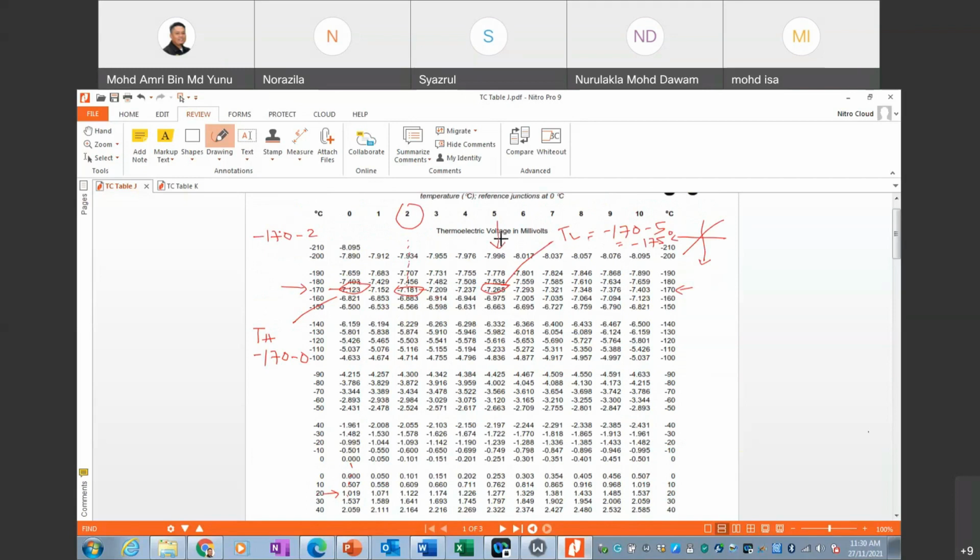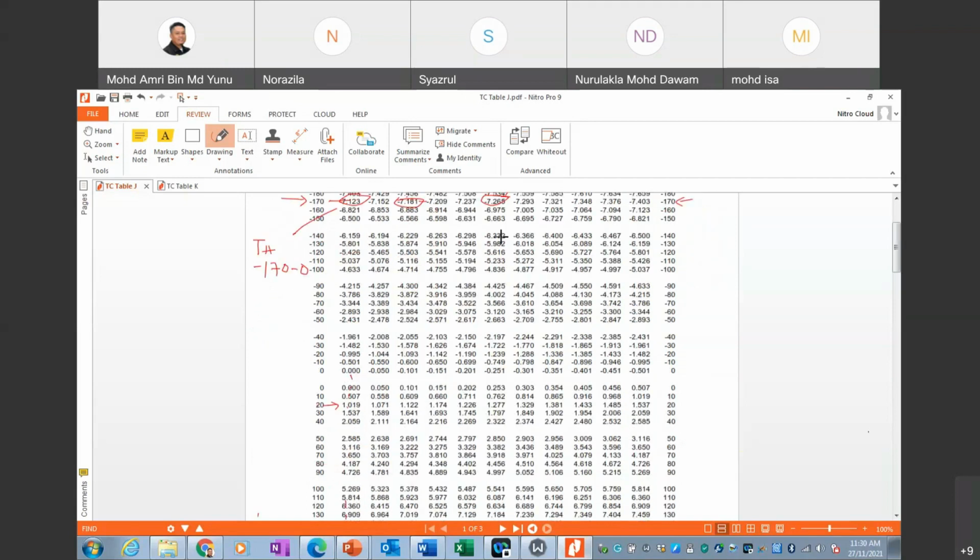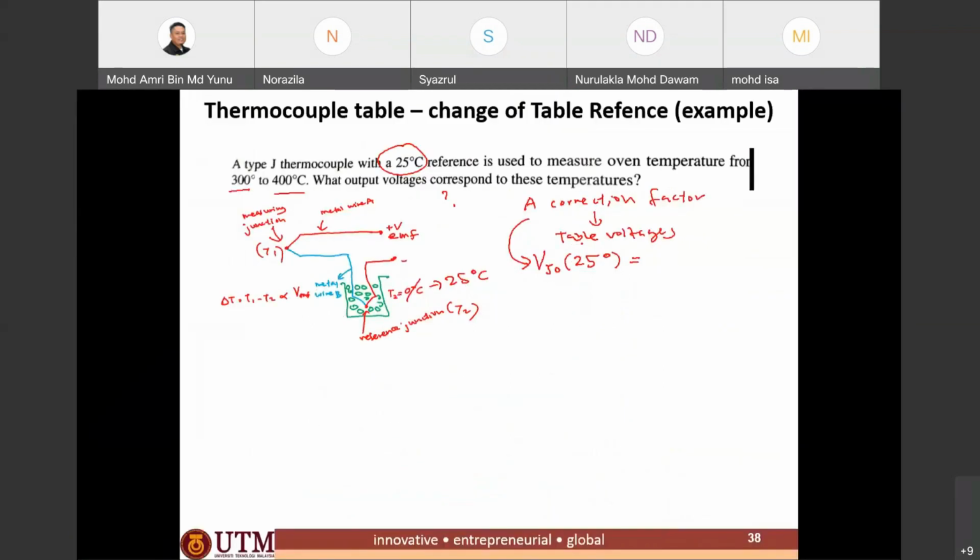Look at this direction on the top row. This is the intersection, so the value is 1.28 millivolt. That's the correction factor value, 1.28 millivolt.